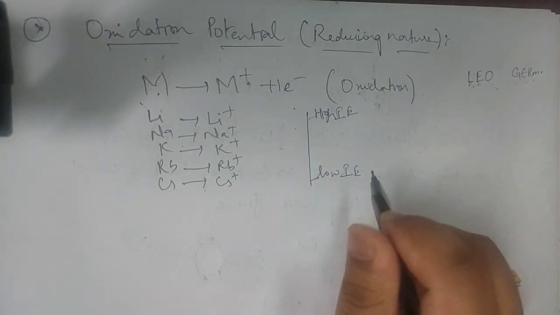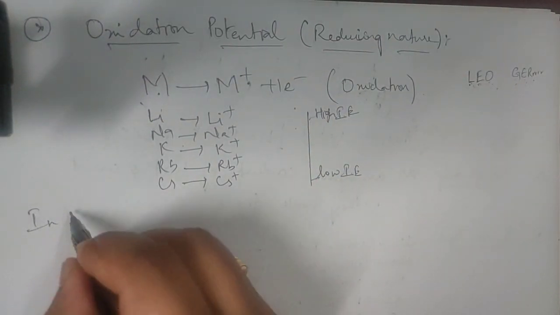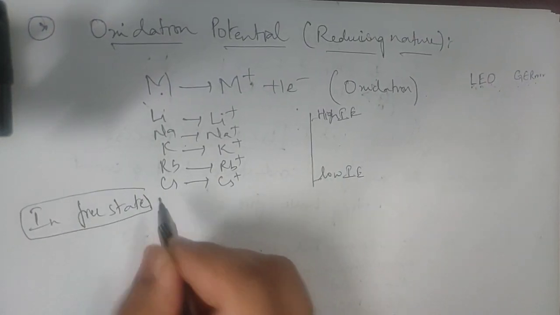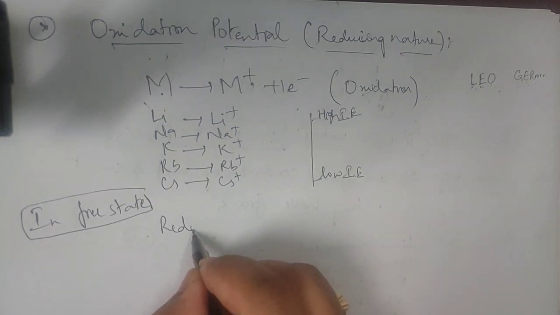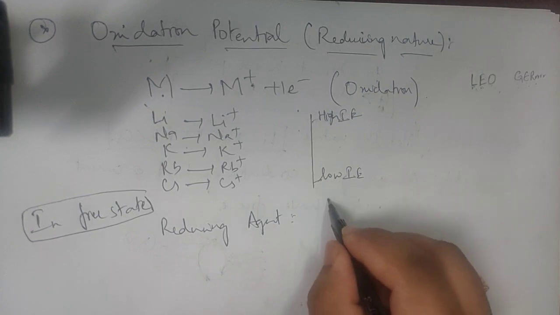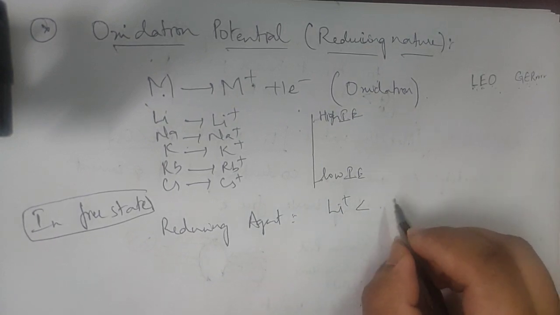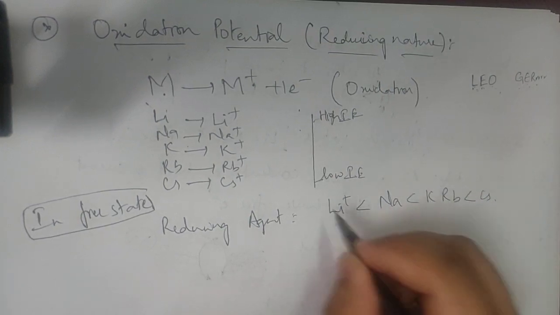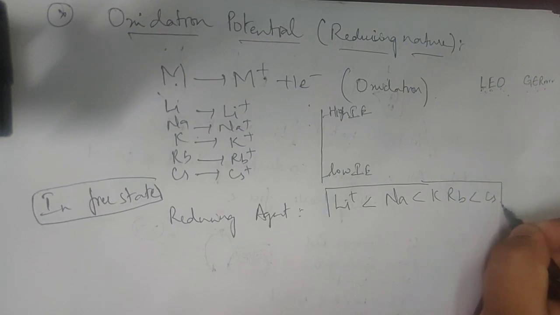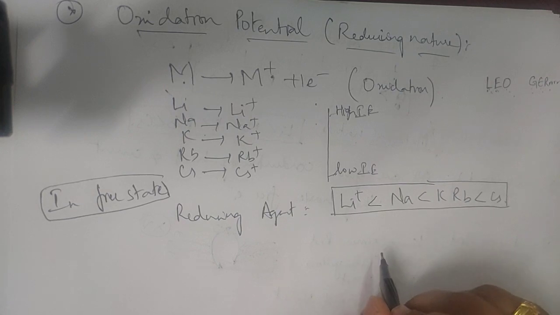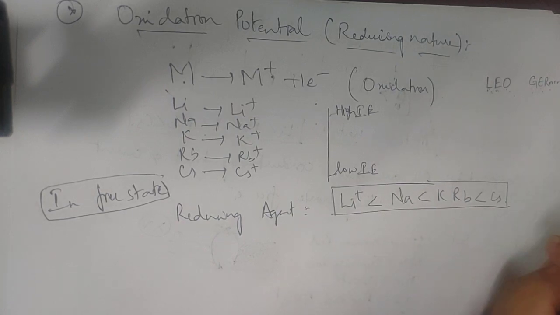Because of this, in the free state, the combined state will be different, the order of reducing agent is Li, then sodium, then potassium, rubidium and cesium. If they are not combined with anybody, this would be the order of reducing nature. Cesium is readily able to reduce.